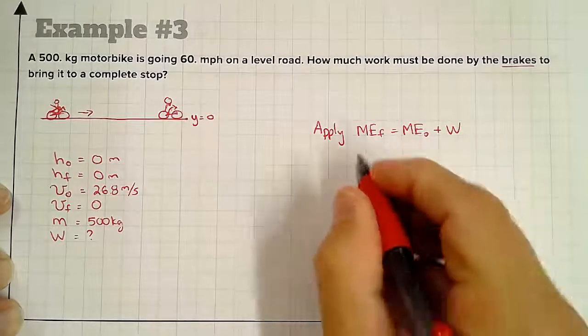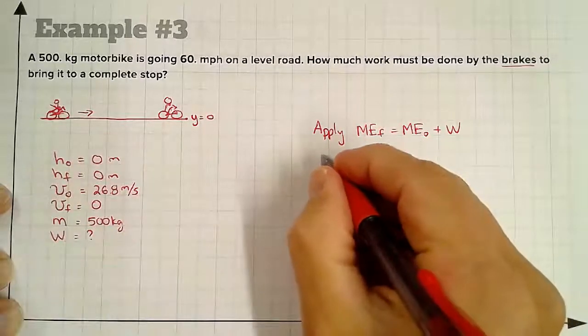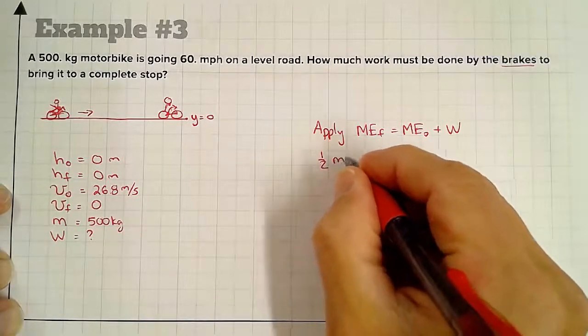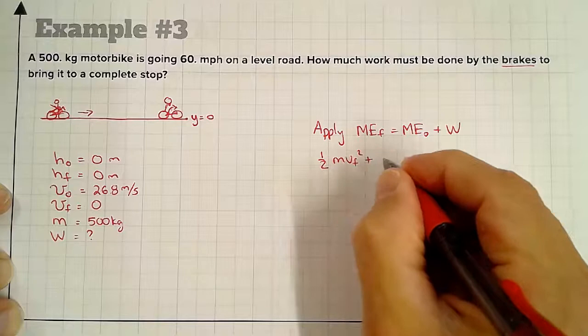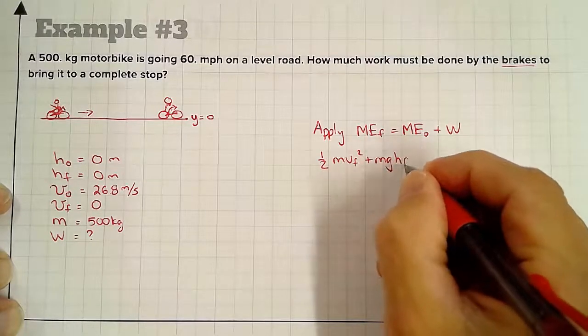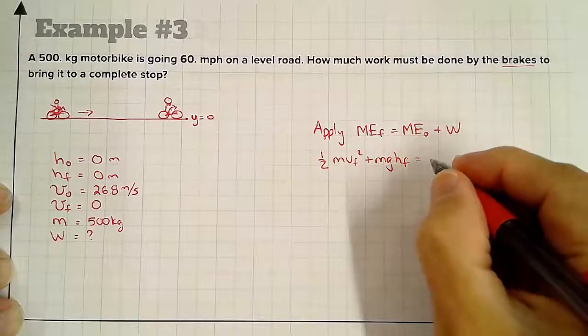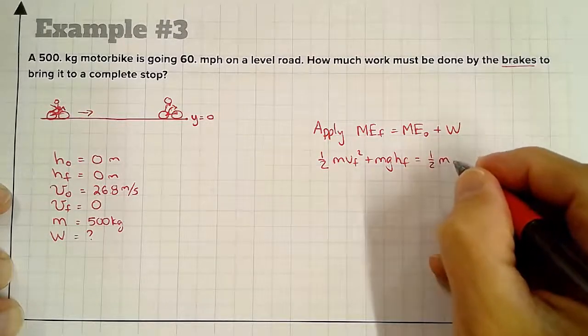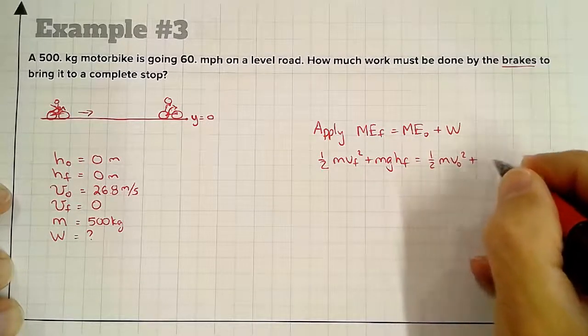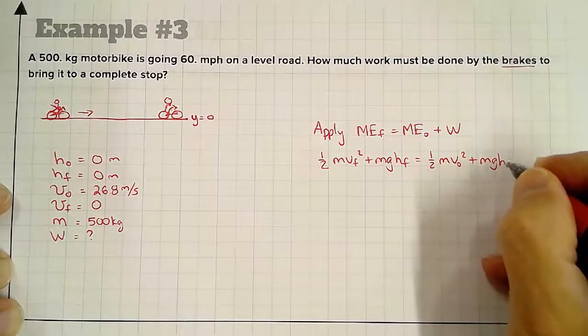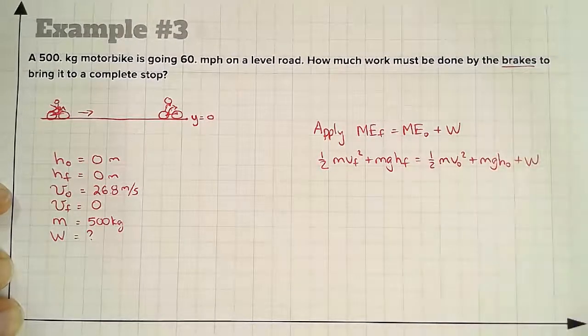When we write out what this means for this problem, we get 1/2 m v final squared plus m g h final. That's the final kinetic and potential energy. That equals 1/2 m the initial velocity squared plus m g times the initial height plus the work.